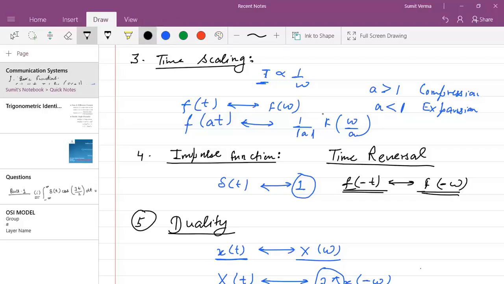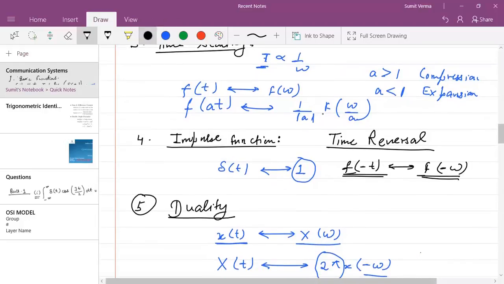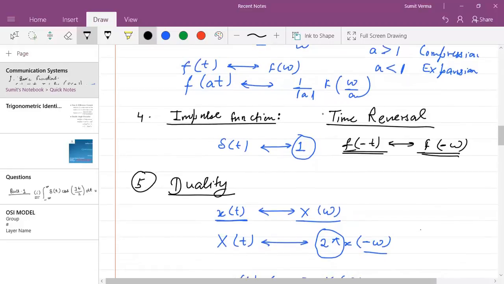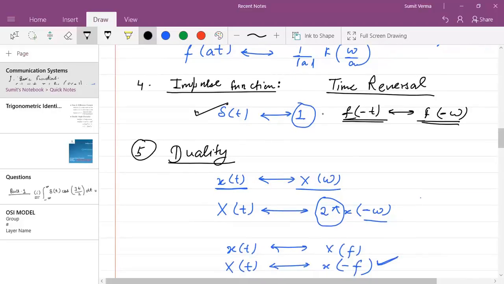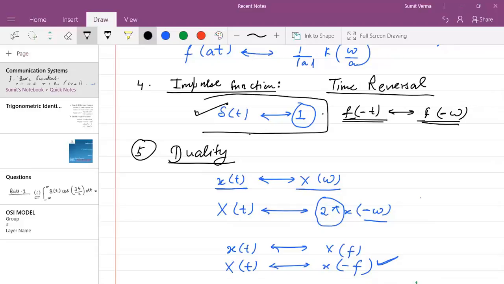Then moving ahead, we saw the Fourier transform for the impulse function, which is directly a standard result, given as 1. To find the Fourier transform for the constant function, we used the knowledge of the impulse function and the duality property.